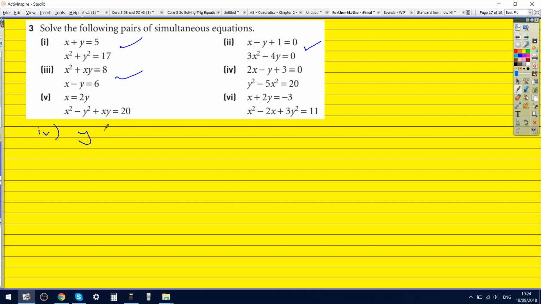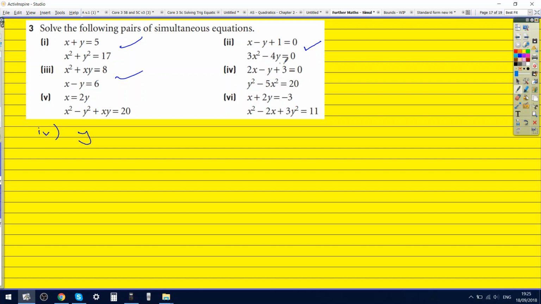No. So then you would have 5y, and 10x and 10x squared. Oh, minus 5x squared, right? I didn't see that squared there. Okay. Is 20. So why don't we just root the whole second equation? So y minus 5x is root 20. Does that work? No.